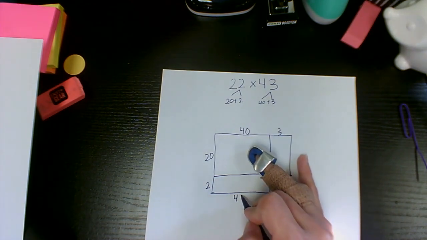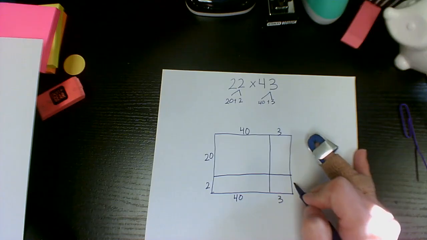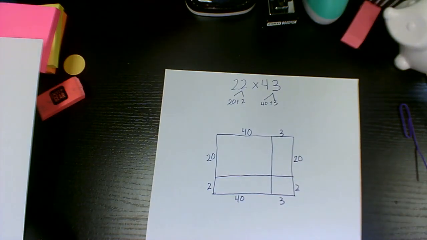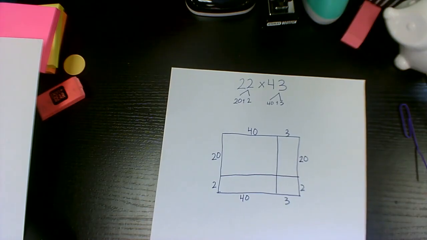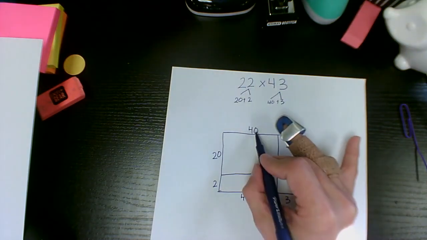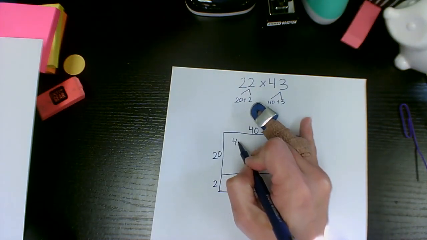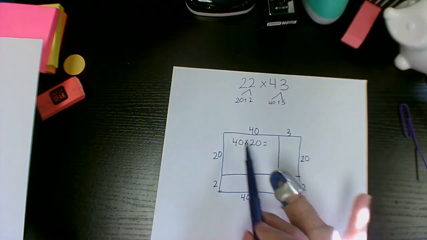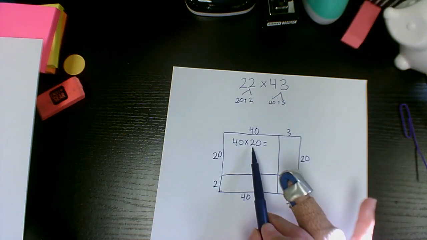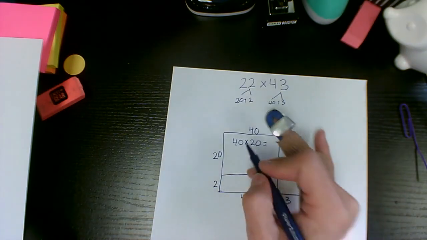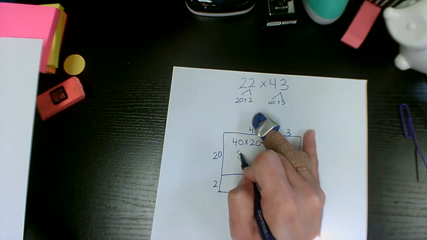Again, I can label my opposite sides the same if that is helpful. So now this time I have 4 boxes I need to solve. This biggest box is 40 times 20. And again, I know that 4 times 2 is 8, but this is actually 100 times bigger, so that answer would be 800.